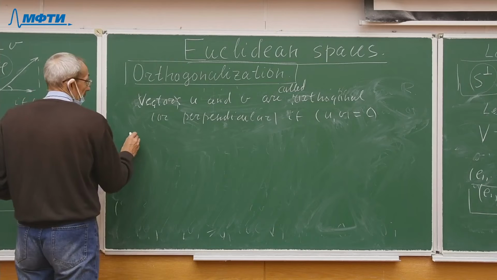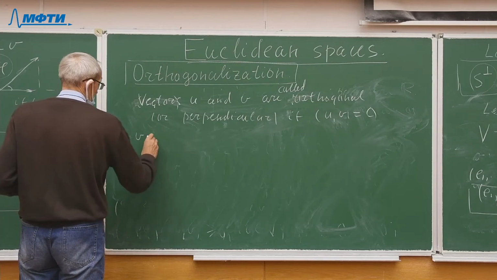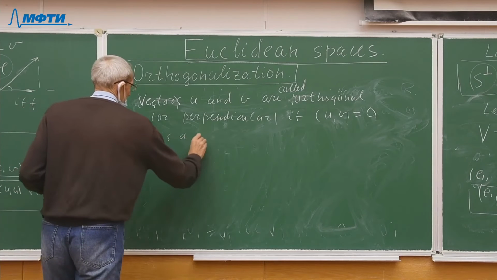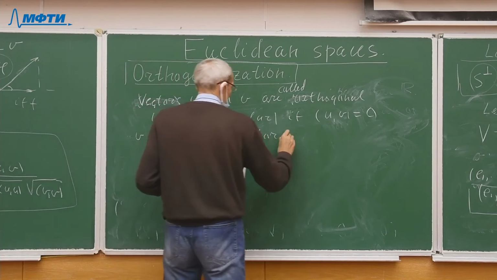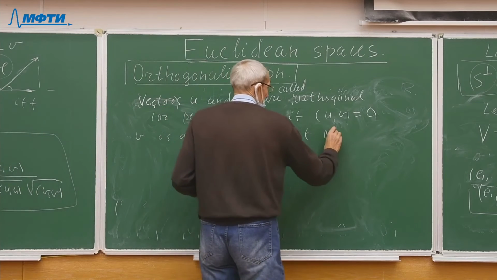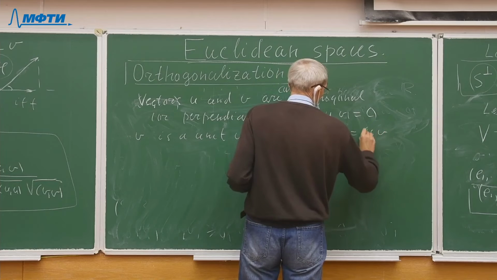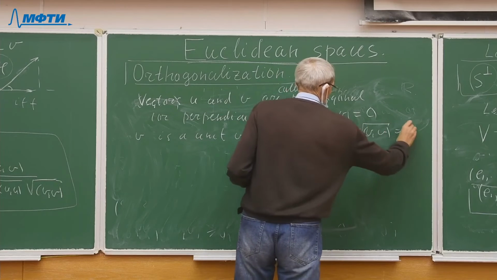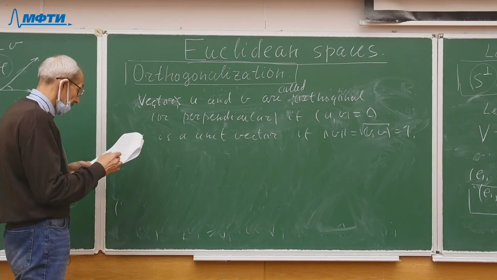And we will say that a vector v is a unit vector if its norm is equal to 1.